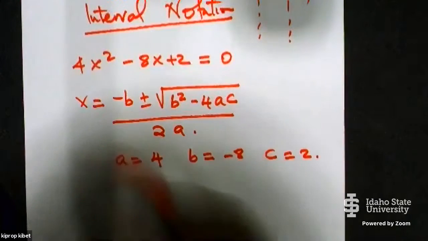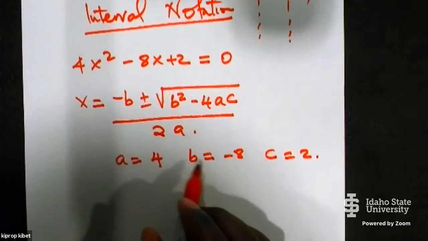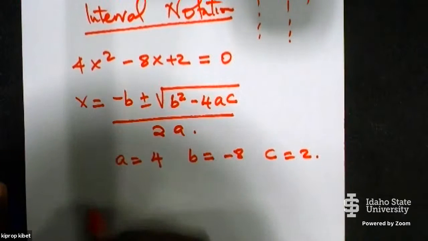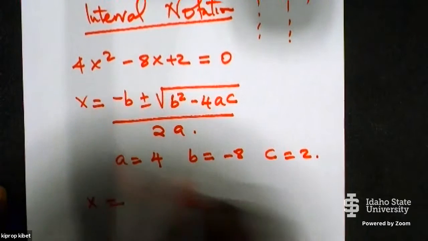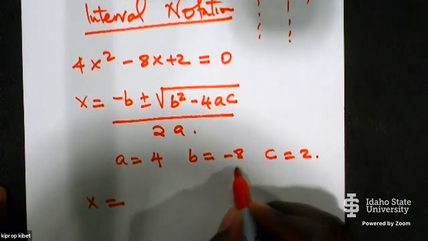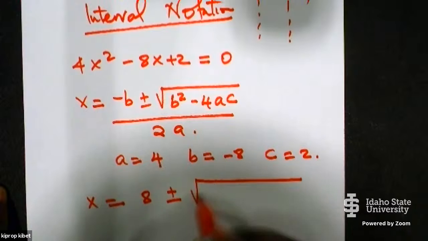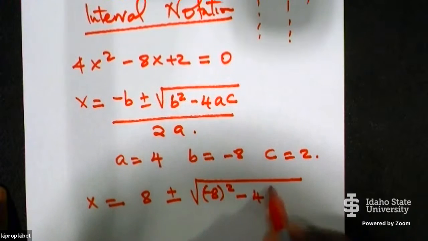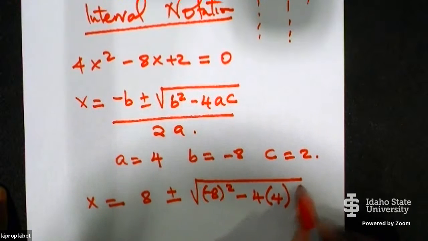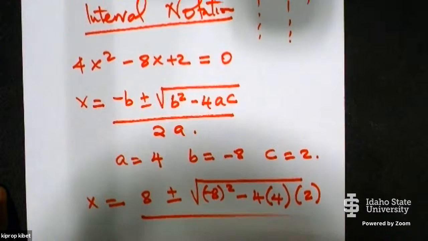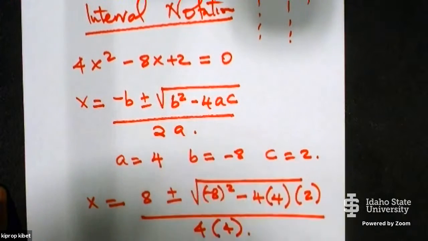So we do the substitution here. x equals, the b is minus 8, so it will be 8 plus or minus the square root of minus 8 squared minus 4 multiplied by 4 multiplied by 2, all over 2 times 4.